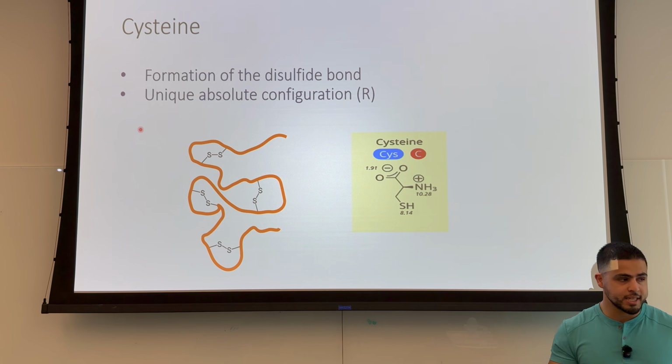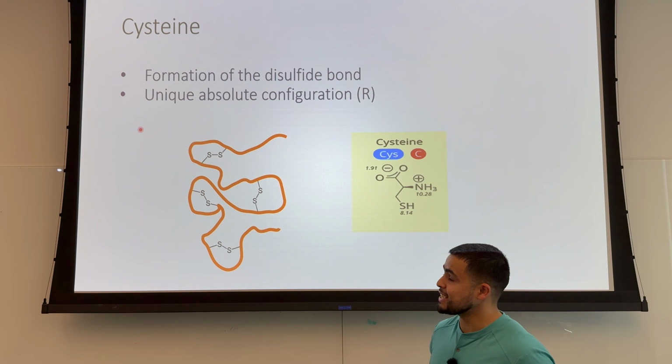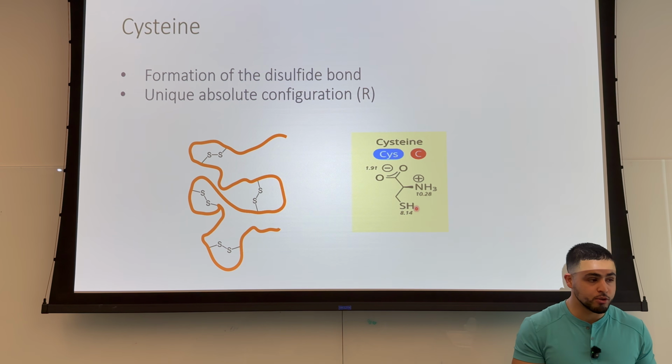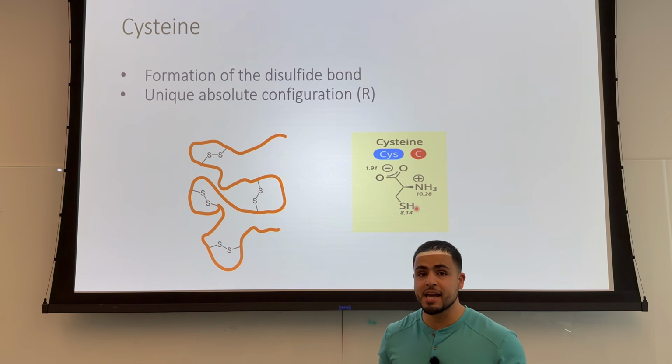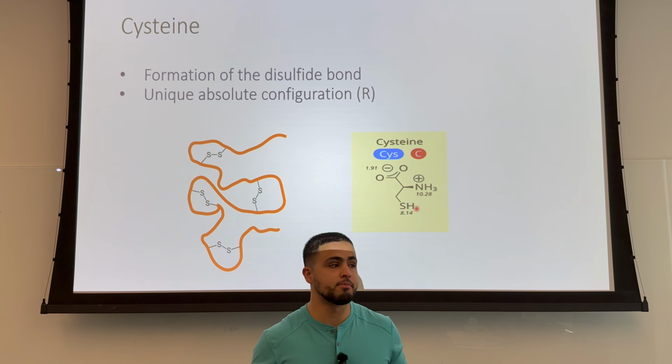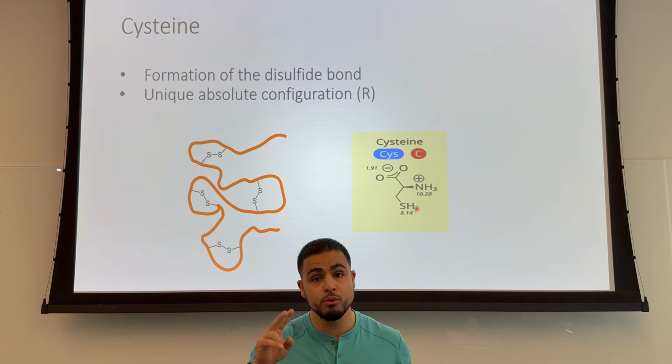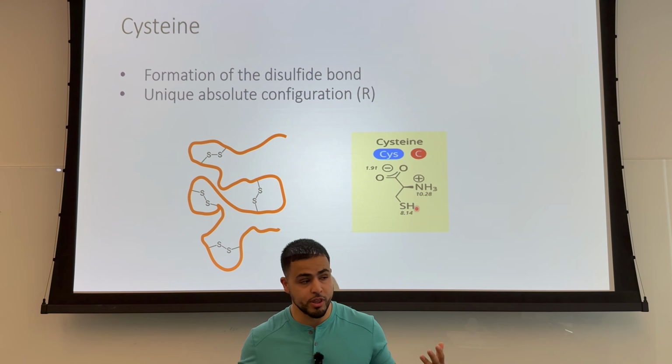All right, moving on to cysteine. Cysteine is quite unique because it contains a thiol group in its side chain. And this thiol group has the capacity to form disulfide bonds with other cysteine molecules. So in order to form a disulfide bond, you need at least 2 cysteine amino acids within a protein.